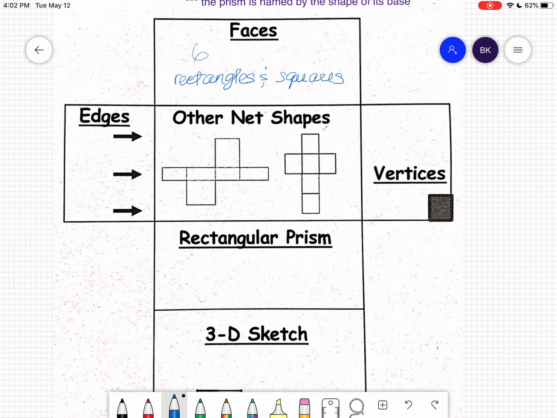Okay, and it has 8 vertices. And vertices are corners, right? Little corners right here, as I outlined.